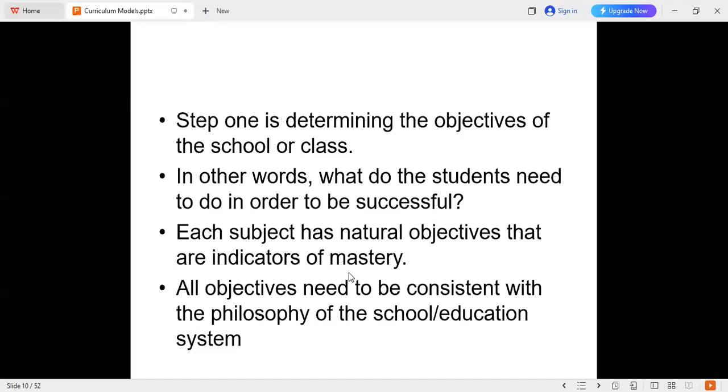Each subject has natural objectives that are indicators of mastery. Later, I have given some examples. Then you can identify. Even the teachers were expected to prepare lessons and write notes of lesson.